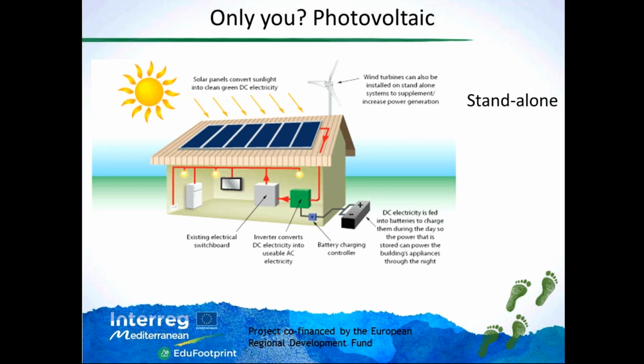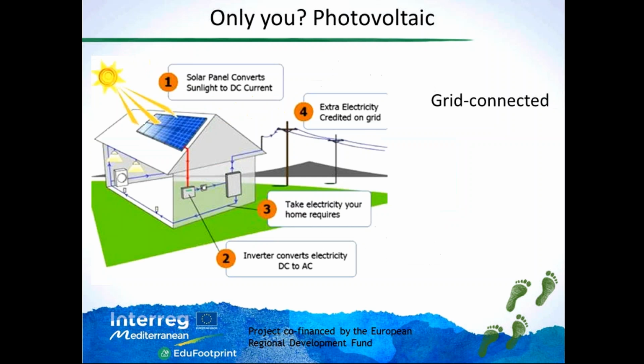So in the majority of cases, we are more familiar with this kind of system where the photovoltaic gives free and clean electricity, but at the same time the user stays connected to the national electricity grid. In this case, the operation of such a system is very easy. You just have to give priority to the PV panels.